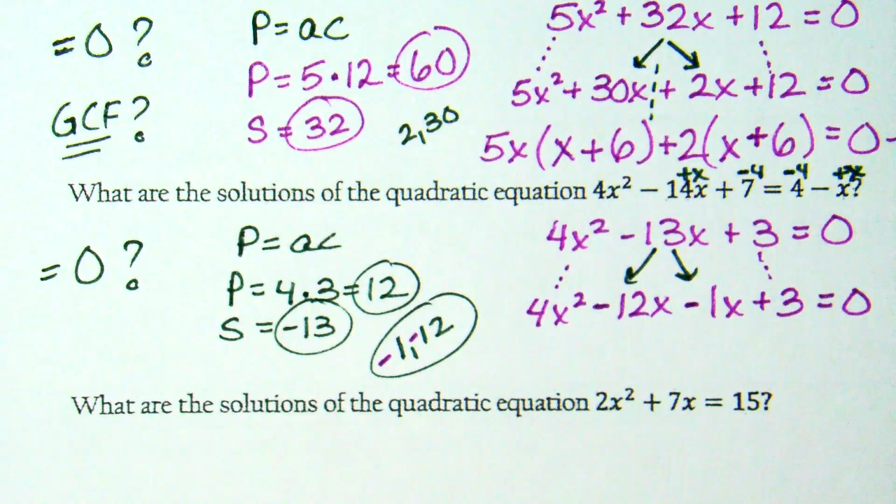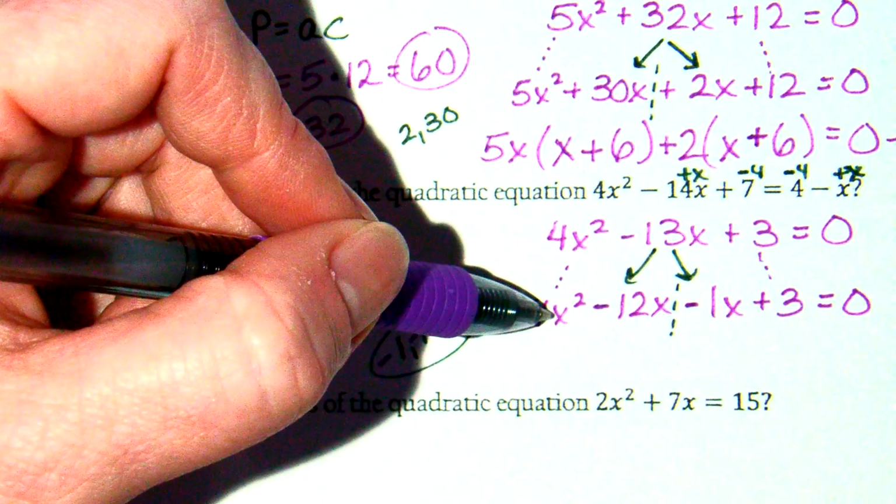4 terms. We're going to split it in half. GCF of the first two. What do 4x squared and minus 12x both divide by?